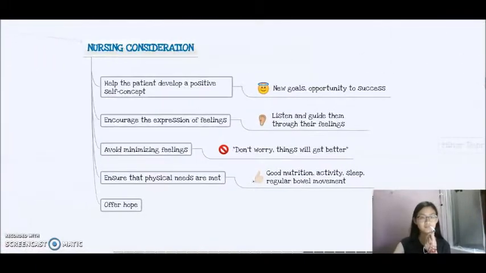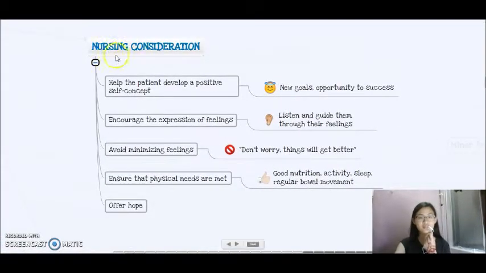Next, nursing consideration. As a nurse, we should know how to take care of patients with depression. First thing we should do is to help them develop a positive self-concept by setting a new goal and assisting them to find the opportunity to succeed. We also should encourage them to express their feelings. Therefore, we should be their active listener and guide them through their feelings.